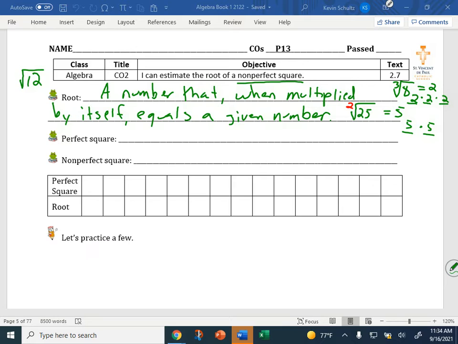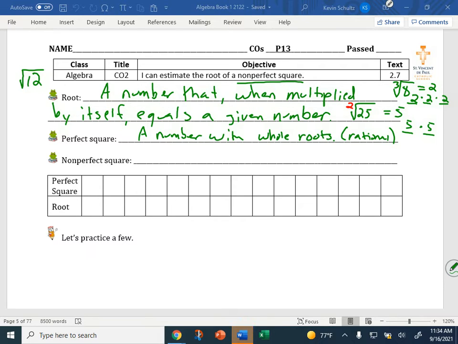A perfect square, such as 25, is a number with whole roots. Okay? A number with whole roots, meaning that their roots are rational, in connection to yesterday. 25 is a perfect square because the square root is 5. 5's whole.